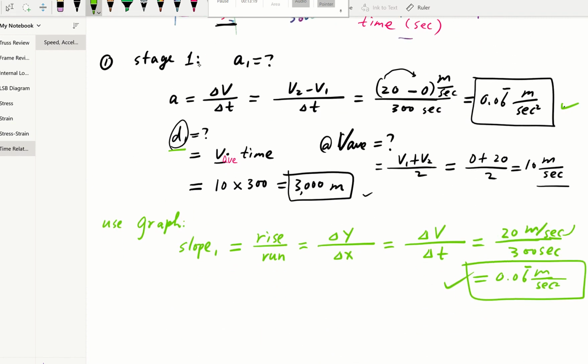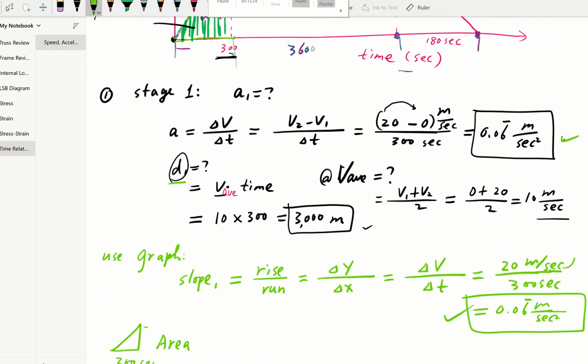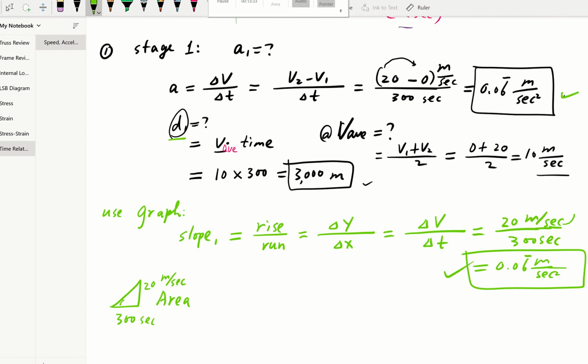Using the graph, the area of this triangle, the base is 300 seconds and the height is 20 meters per second. So the area will be half times 300 seconds times 20 meters per second.